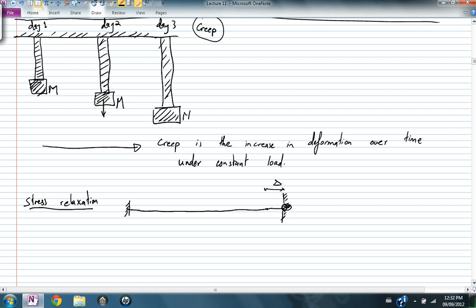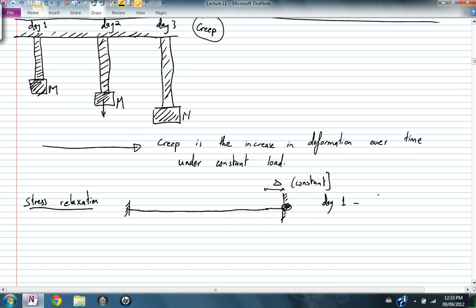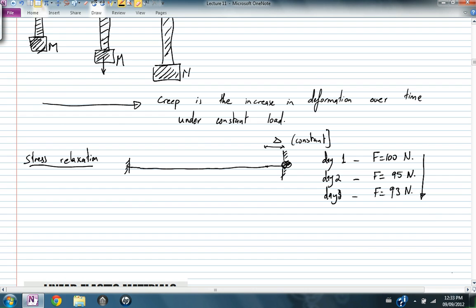So this deformation is constant, and then day 1 you measure the force. Then the second day you measure the force, and the force has decreased even though you haven't moved your bar. Day 3 you measure the force, and it's even decreased further. So this decrease in the force under constant deformation over time is called stress relaxation.